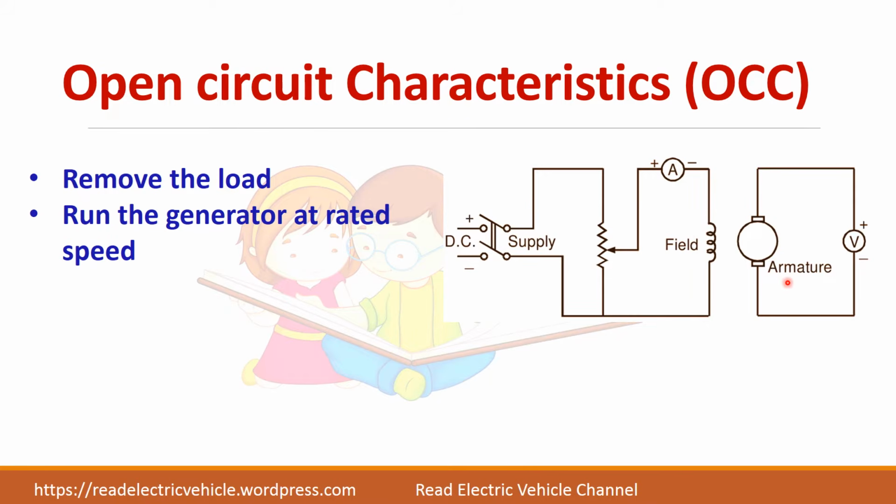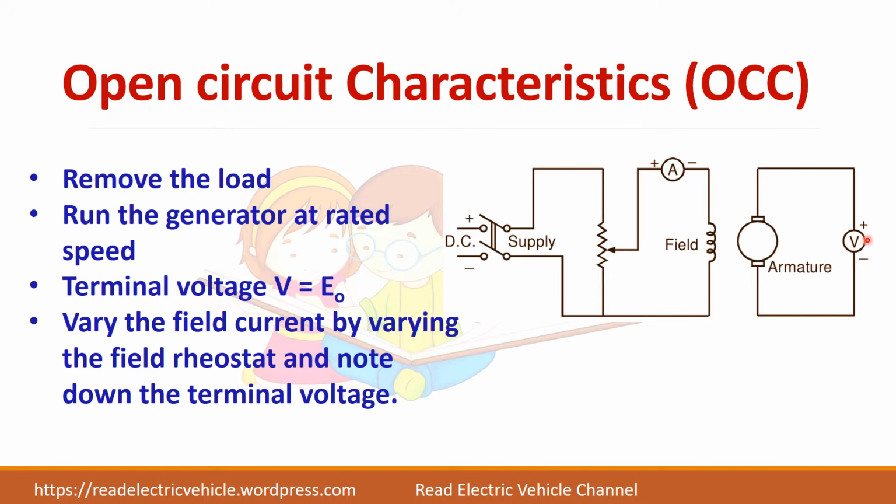First, make sure your generator is running at a constant speed. Then whatever you vary the field, you will get the voltage here. For various field current you will get various terminal voltage. You mark that. That will be the OCC characteristics.